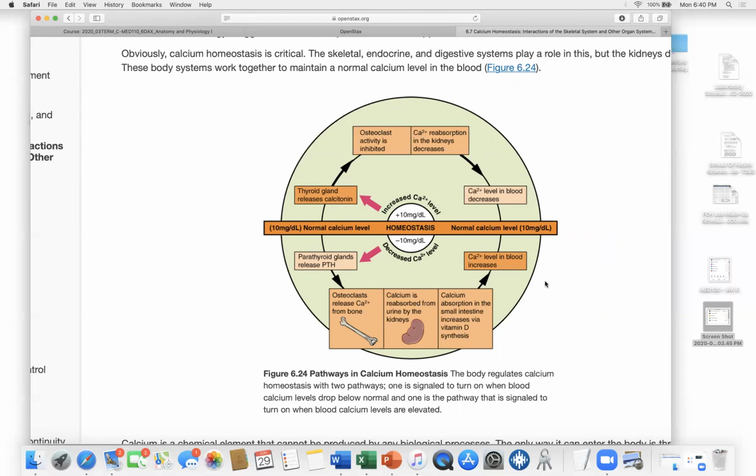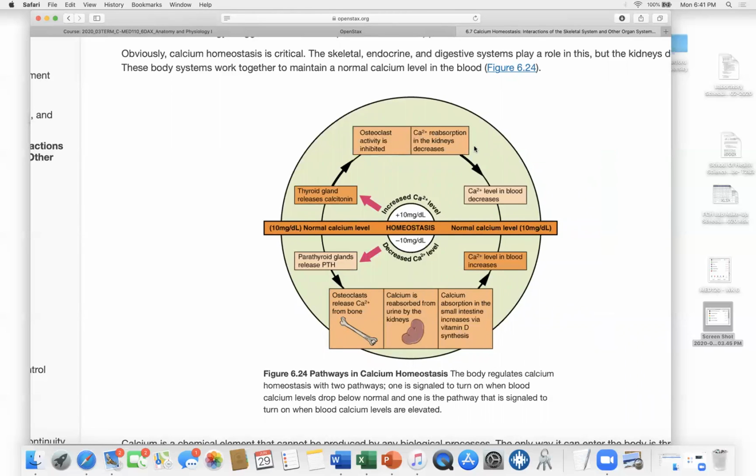If you recall homeostasis, you can look at it like a seesaw, right? If you are low on calcium, you want to increase it, of course. Your thyroid releases calcitonin. Calcitonin then kicks up osteoclast activity. Then you have calcium reabsorption.